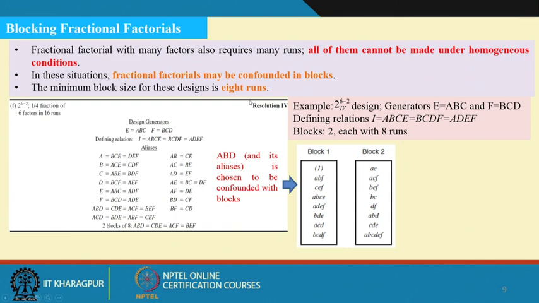So then, this is the 2 to the power 6 minus 2 resolution 4 design, and you know the design, there will be 2 design generators, there will be 3 defining relations, and you are getting this alias structure.